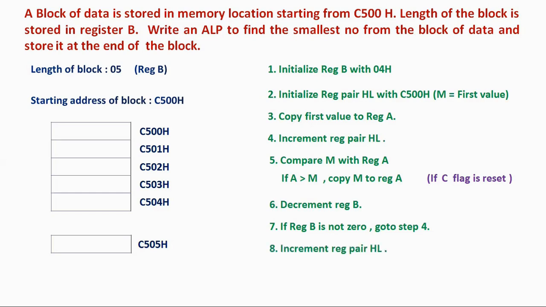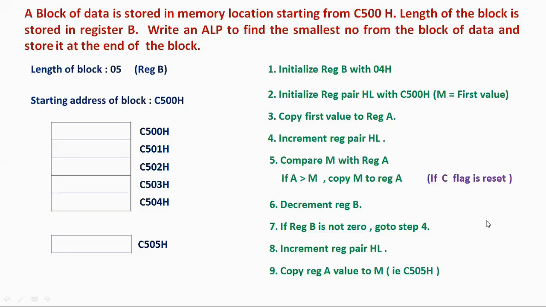At the end of this block, your small number is present in A, which we want in the C505H location. So to copy that A value into the C505H location, we'll increase the register pair HL by 1. So now HL is C505H. Then we'll copy A to M, meaning your smallest number will be in C505H.